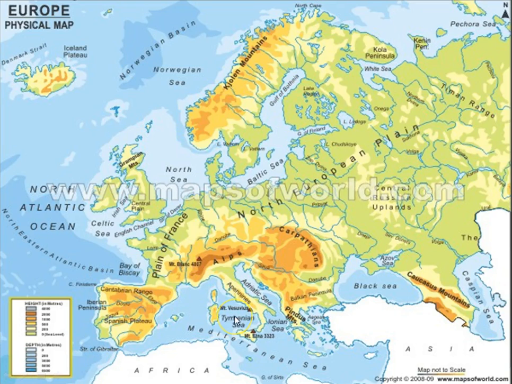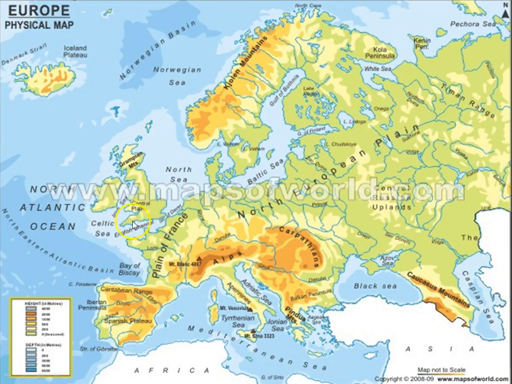Right, the other things that you can see from this map is that you find North Atlantic Ocean over here. This is the ocean in which the famous story, or the reality of course, about the Titanic happened.